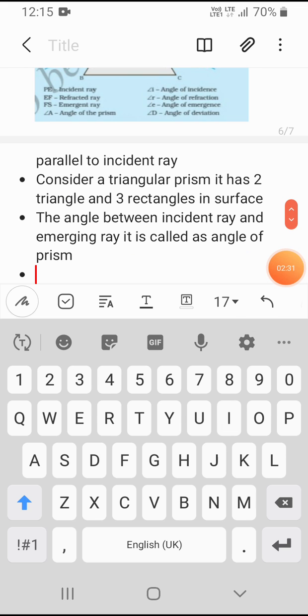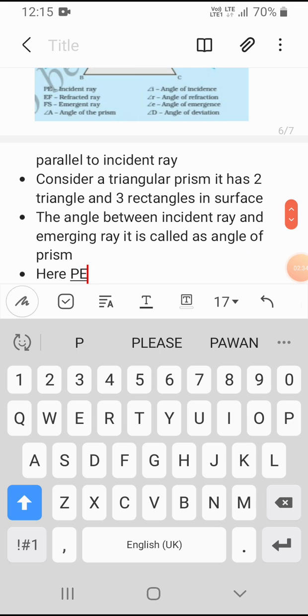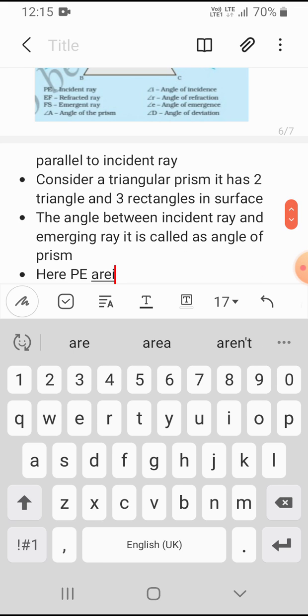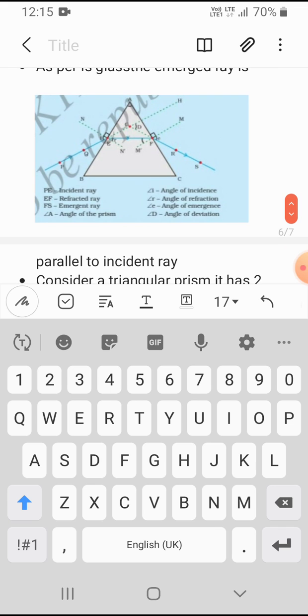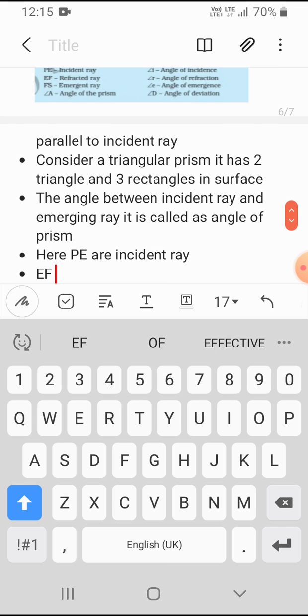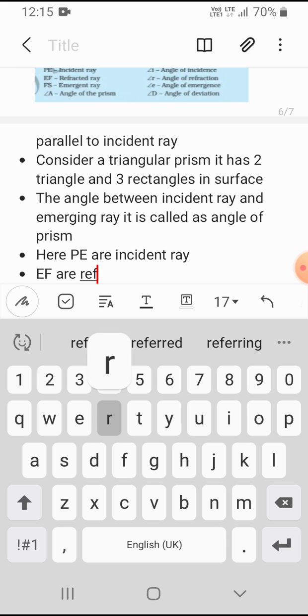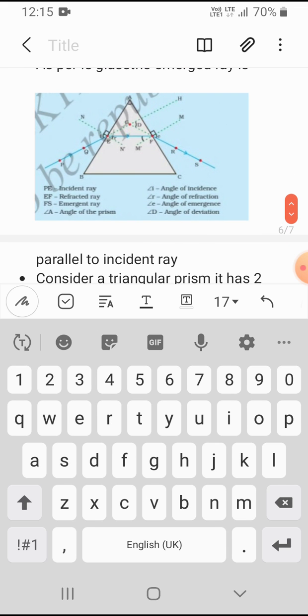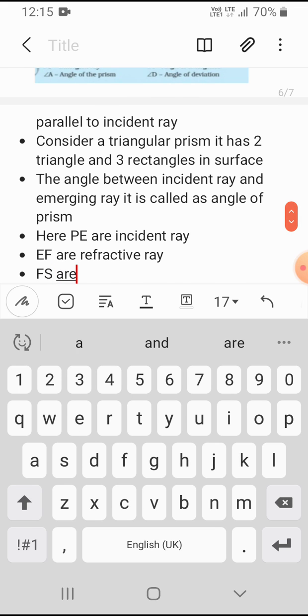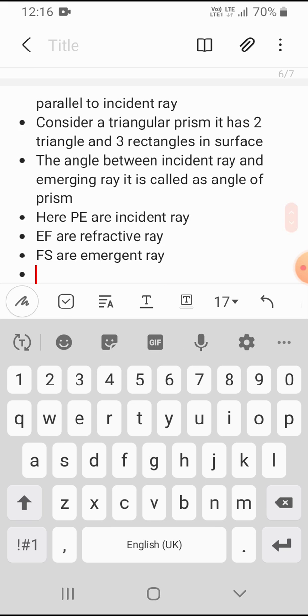Here in this figure you can see PE is the incident ray, EF is the refracted ray, and FS is the emergent ray.